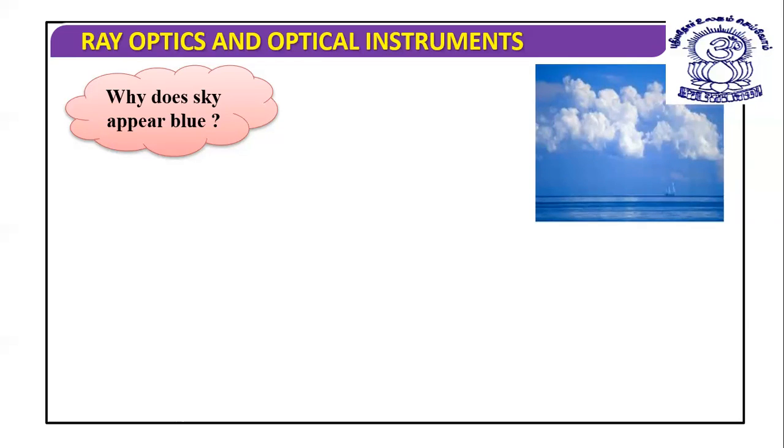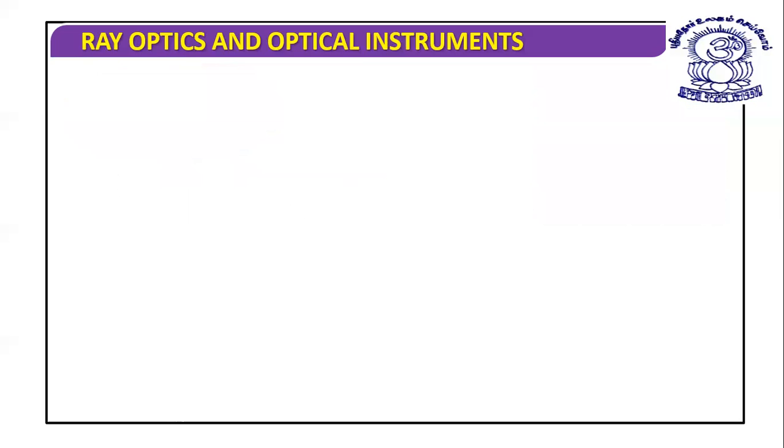Blue color has the shorter wavelength than red. Hence, blue is more scattered than red. We know that intensity of scattered light is inversely proportional to wavelength power 4. So the light having least wavelength will get scattered more. As blue light is scattered more, sky will appear blue.